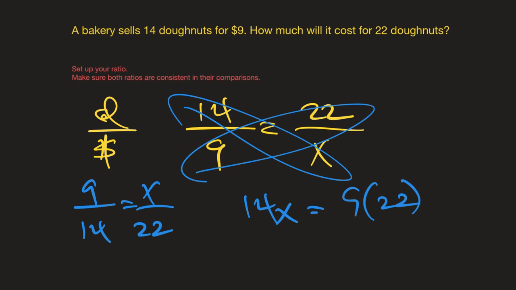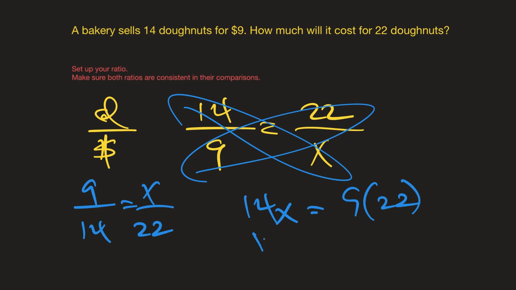Cross products. 14 times x, 14x. 9 times 22. And if you look down here, guys, notice the cross products would have been the same. If I would have flipped those ratios over, we're still getting 9 times 22. We're still getting 14 times x. Be consistent in your ratios, and you shouldn't have a problem.